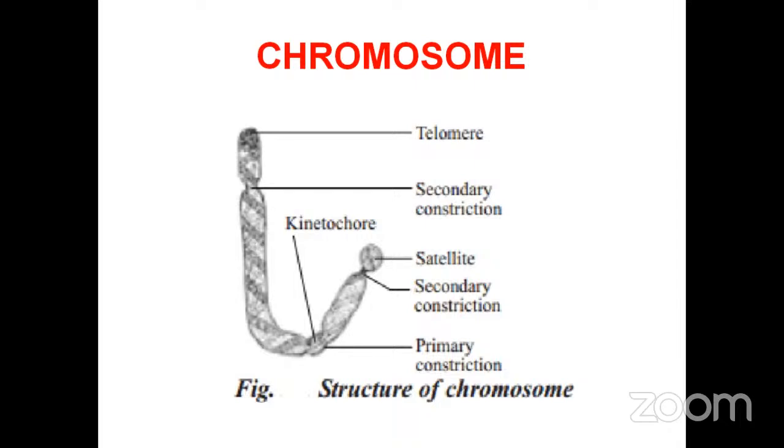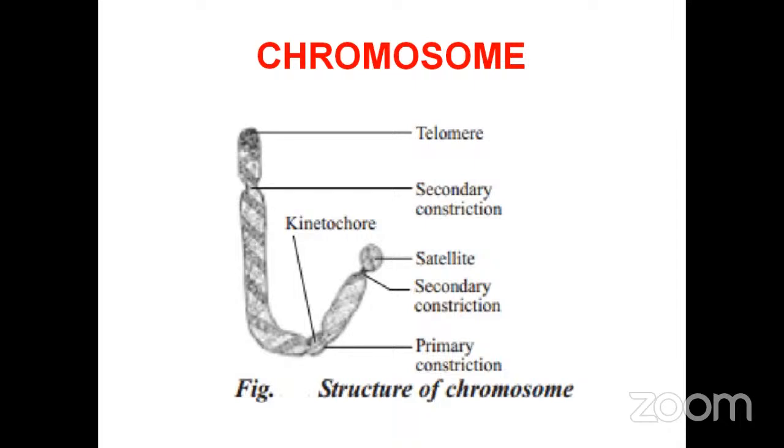First, let's discuss the introduction about chromosomes. These are rod-shaped structures. Where do we find the chromosomes? DNA is present inside the chromosome. Where are the chromosomes? In the nucleus.